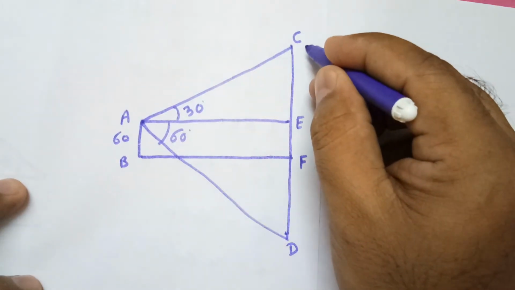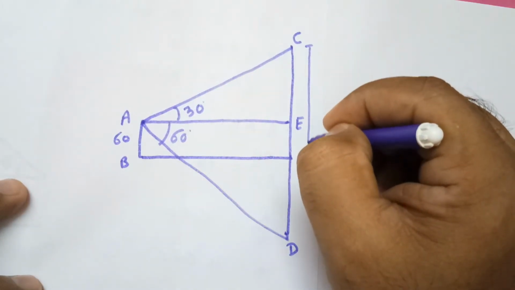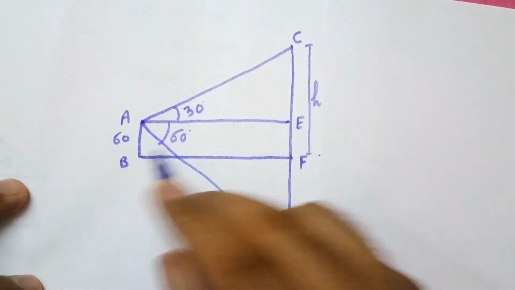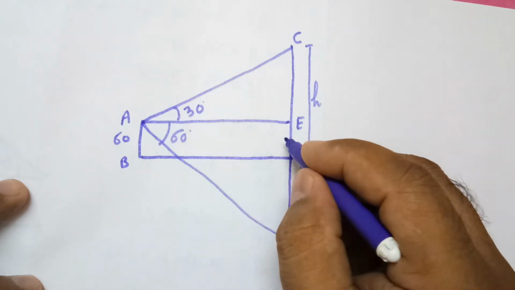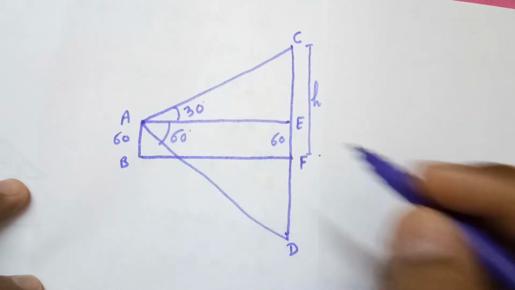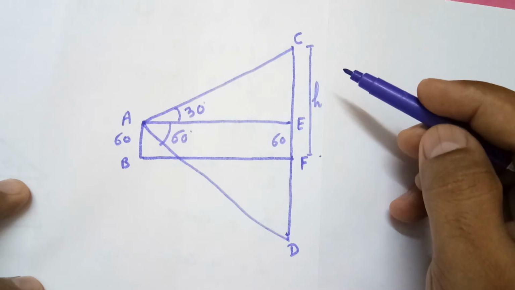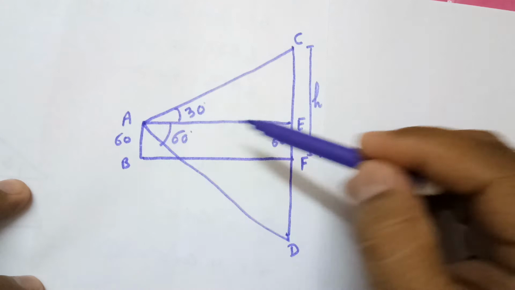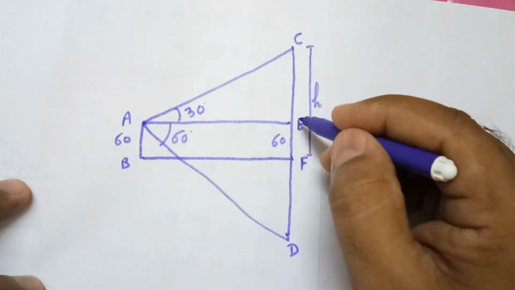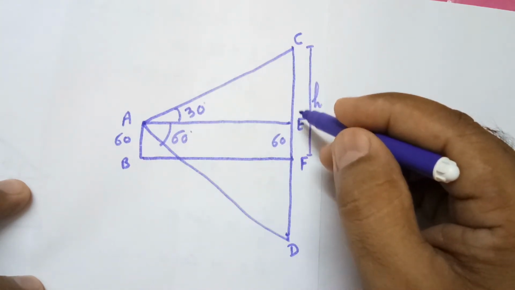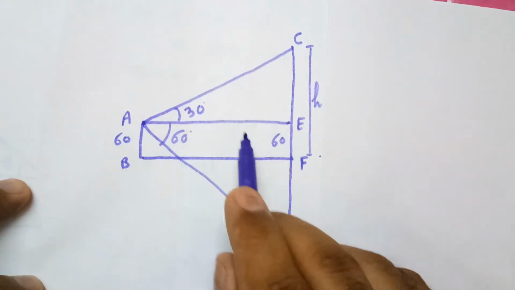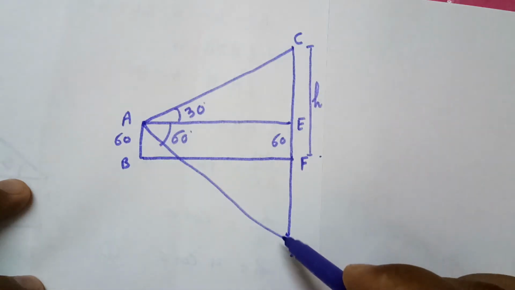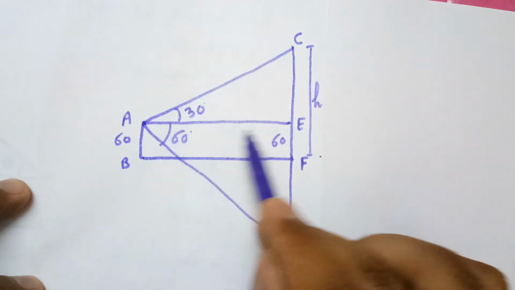So let the height of the cloud from the lake be h meter. Because AB is 60, and these are parallel lines, EF will be 60. So we are using two triangles, triangle AEC. In triangle AEC, CE will be perpendicular, and AE is common for both triangles AEC and AED, so AE will be the base here.